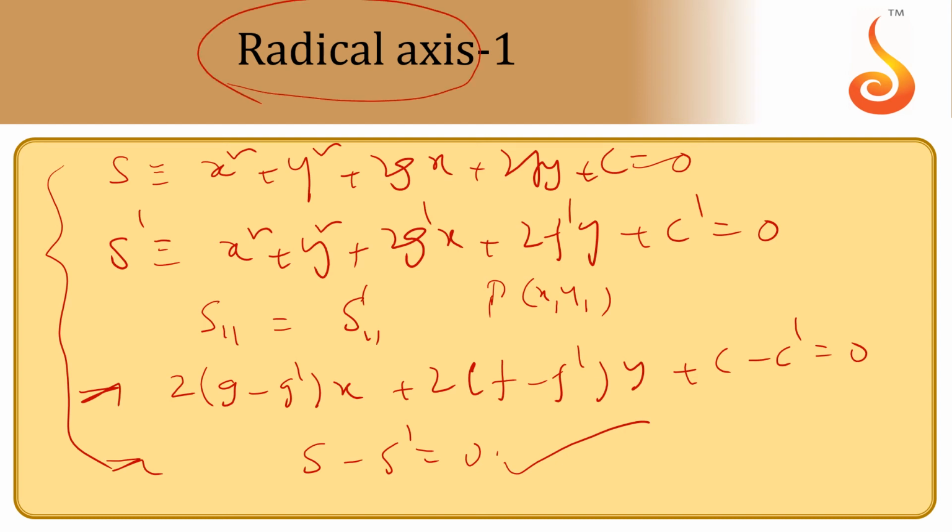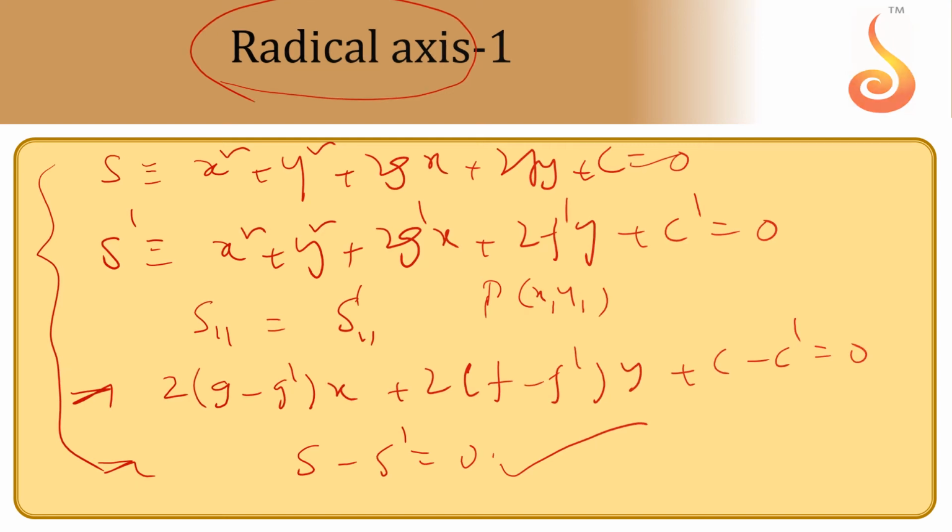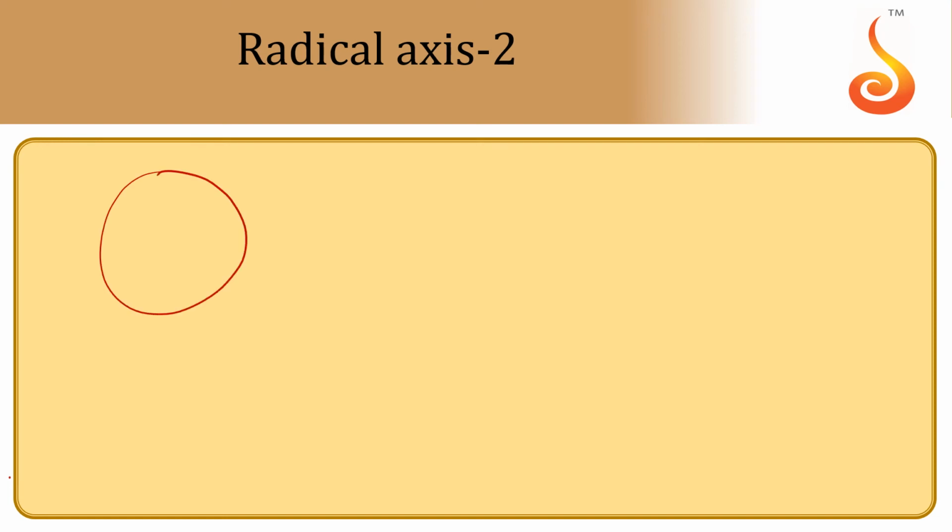Now I can go back and tell that if two circles intersect each other, the radical axis is the common chord. If two circles touch each other, the radical axis is the common tangent. If two circles do not meet, the radical axis will be there too. So this will be the radical axis.